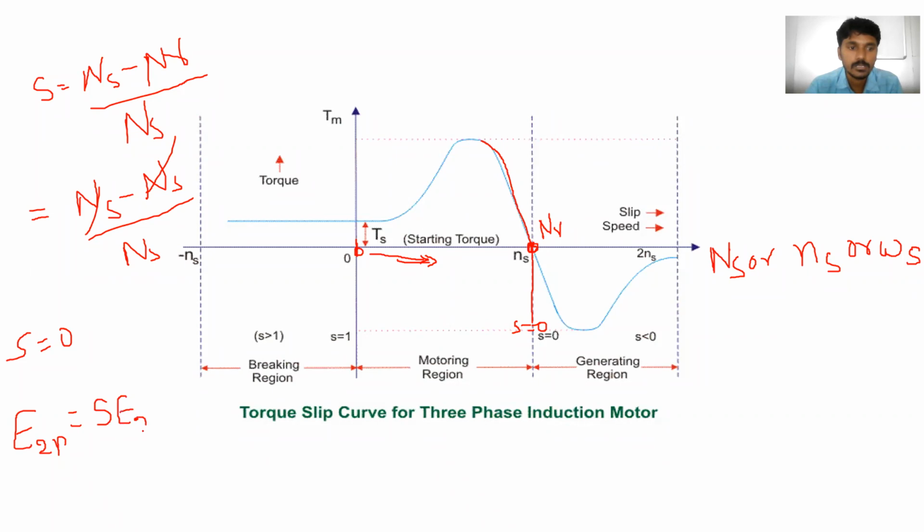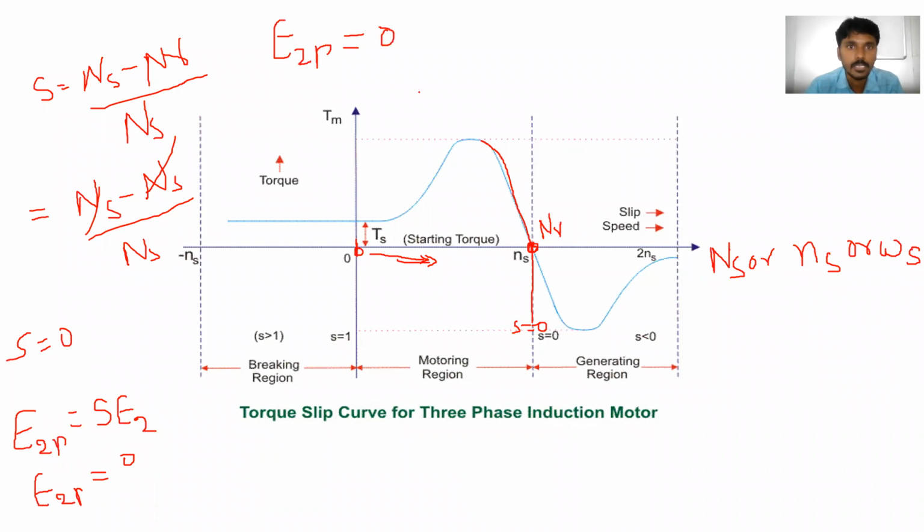Yesterday we discussed all these equations. The induced EMF of the rotor circuit under the running condition is equal to S into E2. Here S is equal to 0, which means E2R is also 0. Clear?